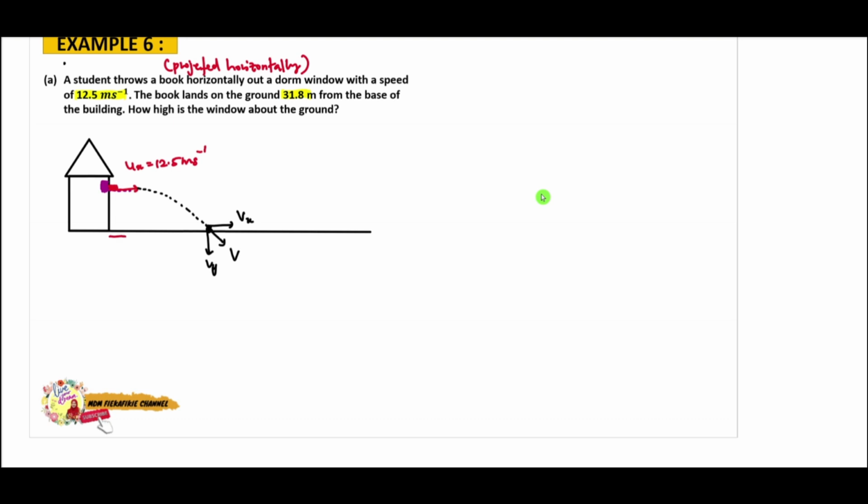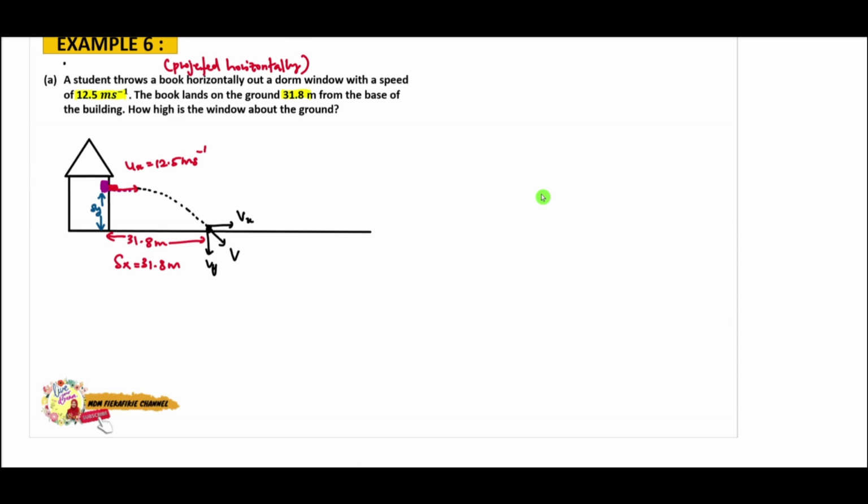So given that this is the base, okay, daripada base of the building 31.8 meter. So ini adalah dia punya nilai Sx, maximum horizontal displacement. Okay, so sekarang kita nak kira Sy. Okay, kita nak kira ini. Okay, berapa ketinggian window tu daripada tanah.